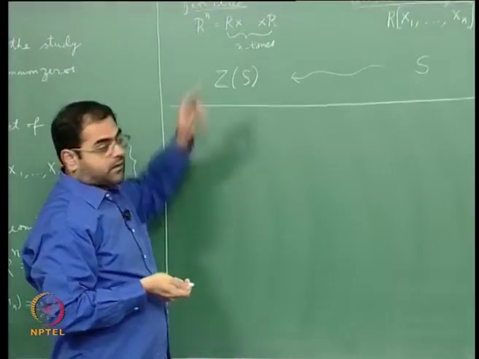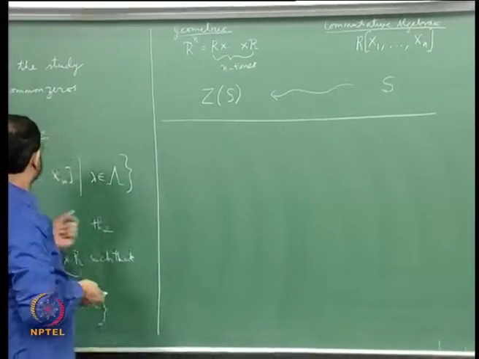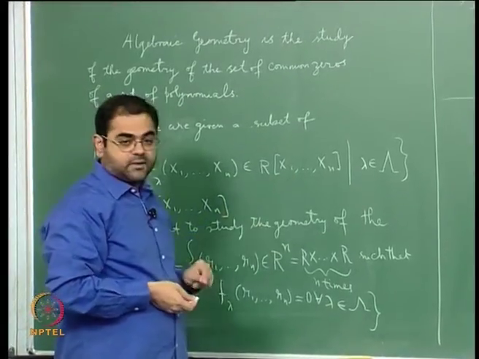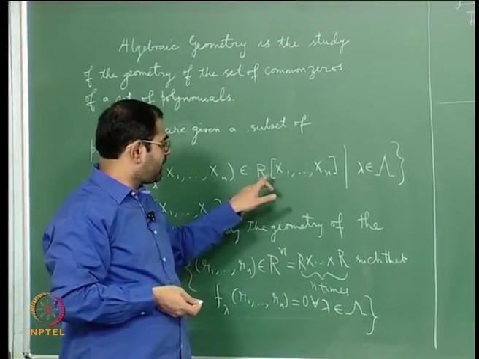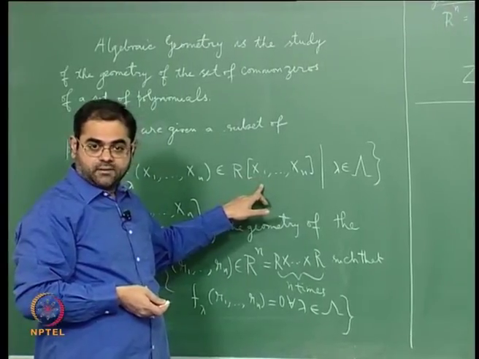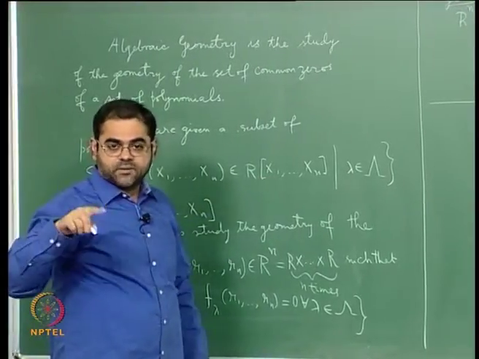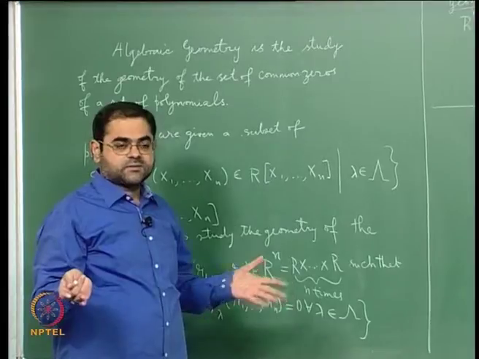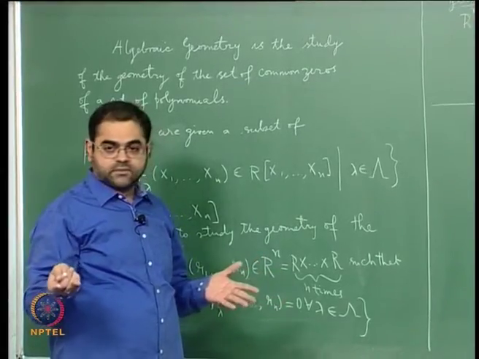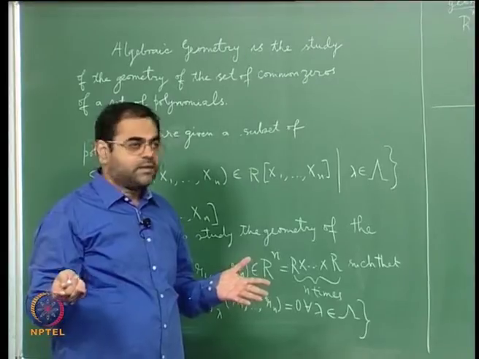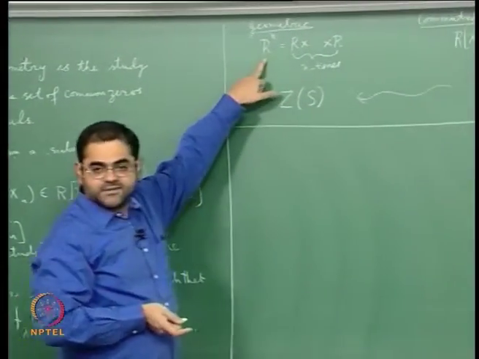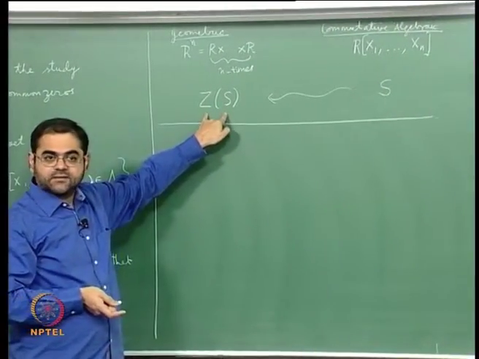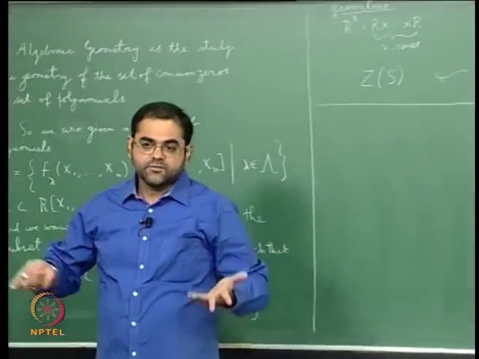For example, if you take the ring R to be the real numbers, with just one variable x1, and if I take the equation x1 squared plus 1, then you know that it has no zeros in real numbers, because the zeros are non-real, they are complex. So it's very possible that if you work over a general ring, this zero set can turn out to be empty, and then there is nothing to study.